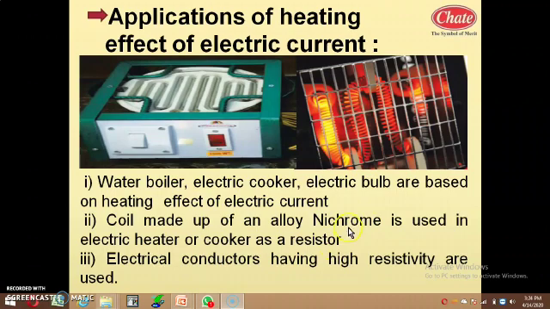It is an alloy with very high resistivity, hence resistance is more, so that the heating effect will be more. Electrical conductors having high resistivity are used.